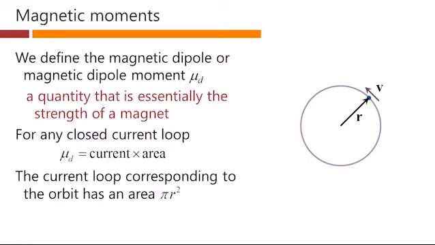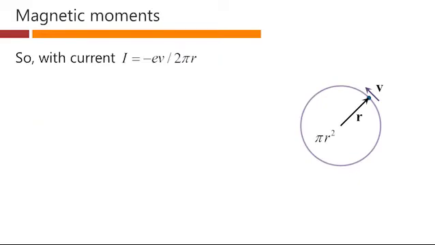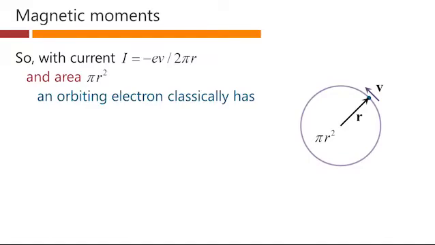The current loop here, corresponding to our orbit, has an area pi r squared, and we've deduced our current. So with this area, the orbiting electron classically has a magnetic dipole moment, current times area, equal to minus e v r over 2, which is the same thing, if we check back our definition for L, as minus e L over 2 m naught, where L was the angular momentum magnitude.